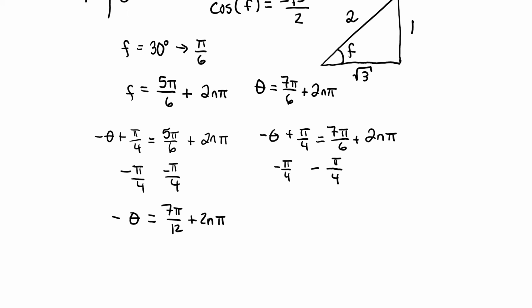So 14 over 12 minus 3 over 12 is 11 over 12. So we get negative theta equals 11 pi over 12 plus 2n pi.